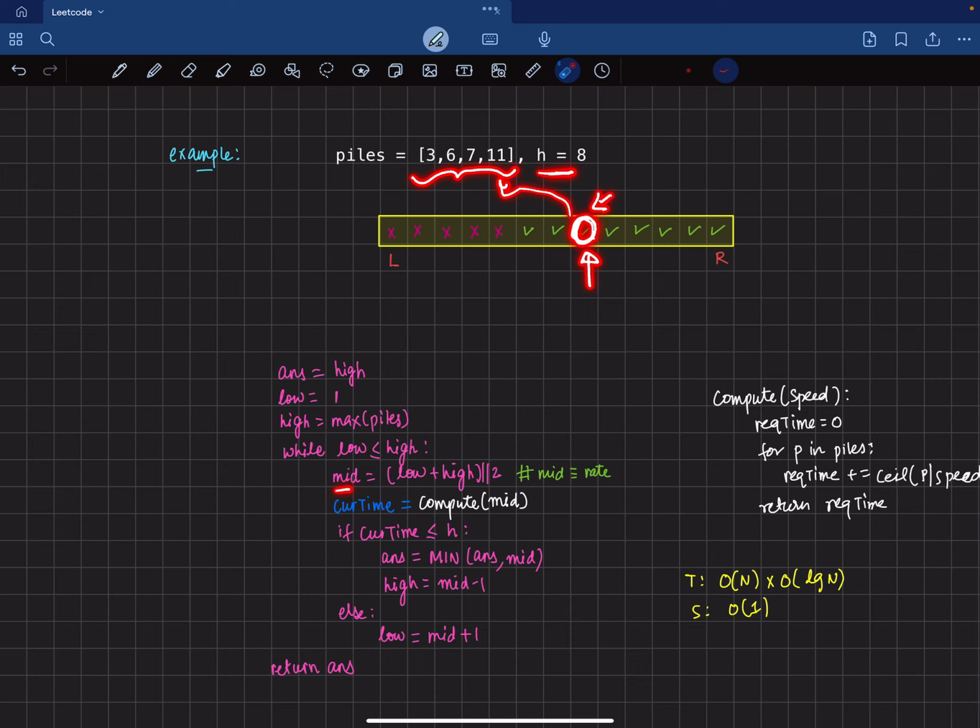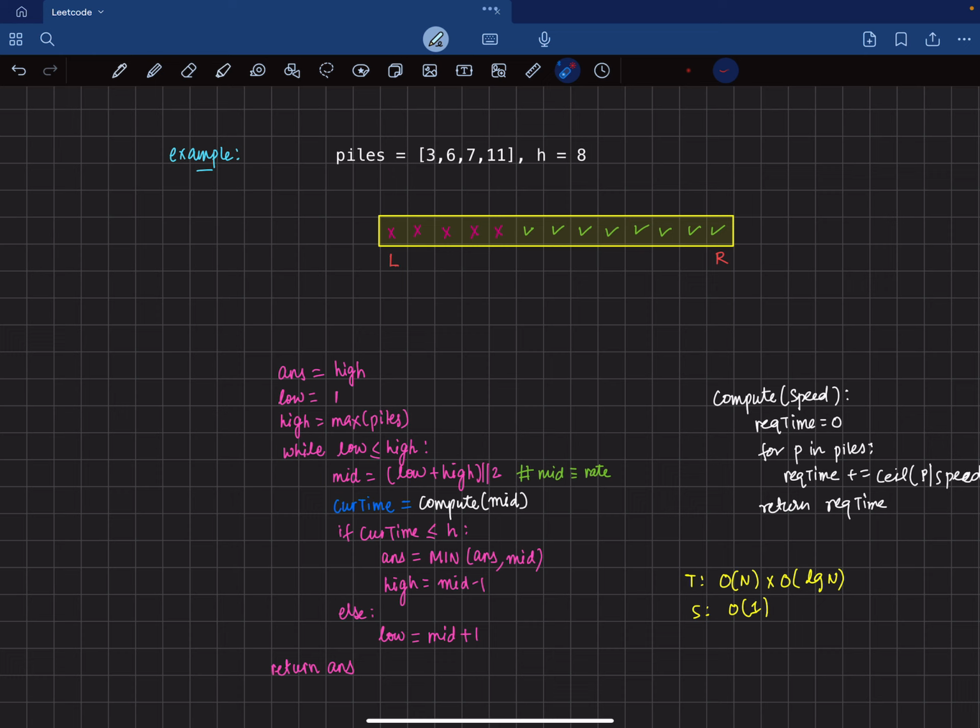The answer is yes, because it is in this region. If she is able to finish eating all those bananas within H hours at this point, can we determine the total amount of time she will take if her rate of speed is something over here?